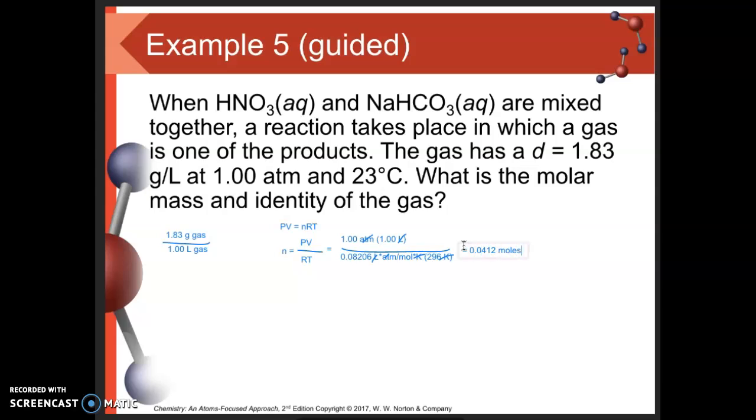So remember, for molar mass, I need mass of gas divided by moles of gas. I now have both. My mass of gas was 1.83 grams, and my moles of gas, 0.0412 moles.